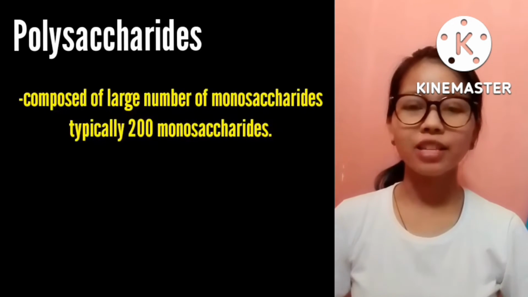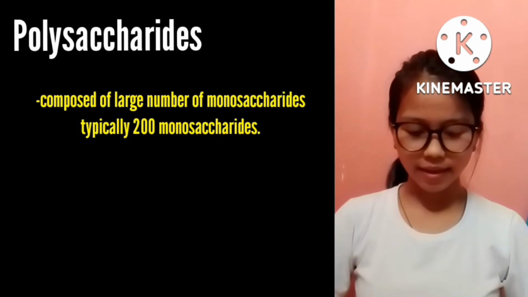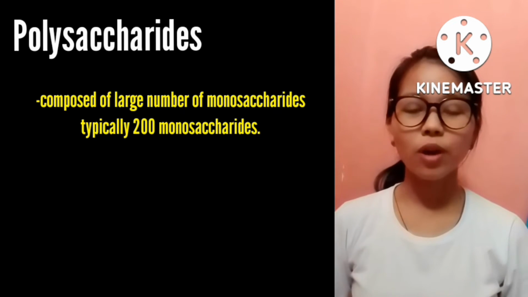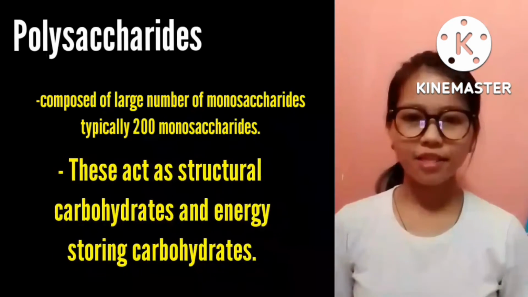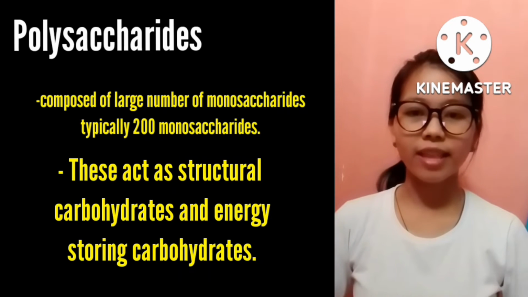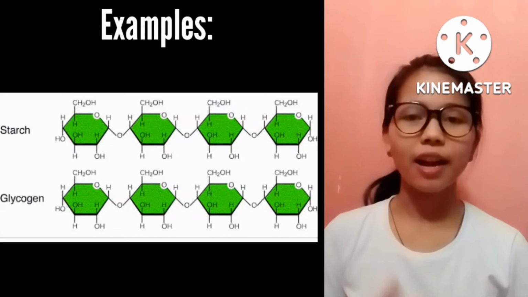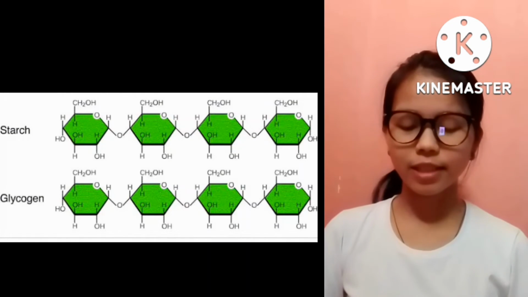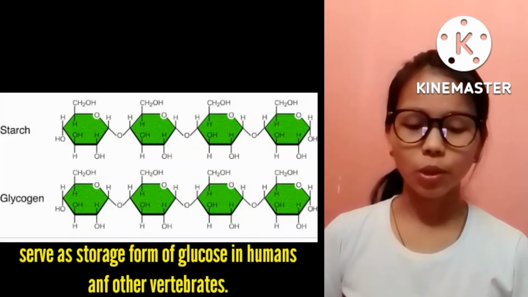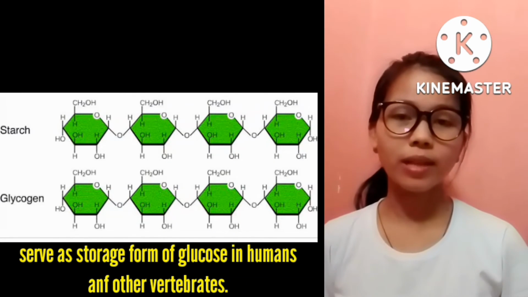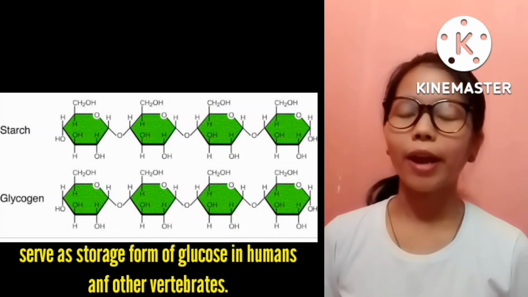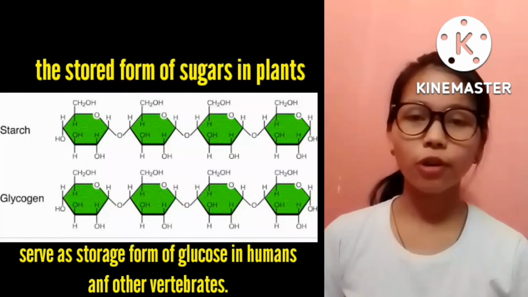And last we have the polysaccharides, which are composed of a large number of monosaccharides, typically 200 monosaccharides, and these act as structural carbohydrates and energy-storing carbohydrates. So glycogen and starch are examples of polysaccharides. Glycogen serves as storage form of glucose in humans and other vertebrates, while starch is the stored form of sugars in plants.